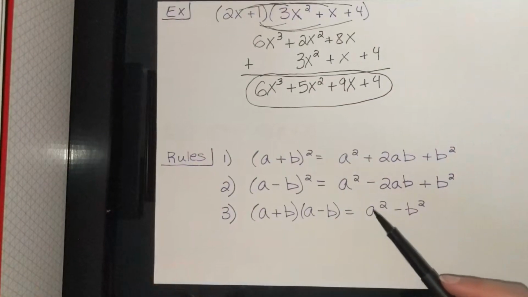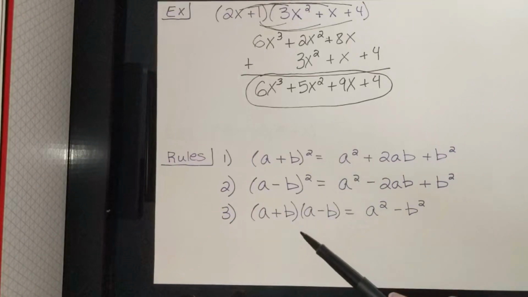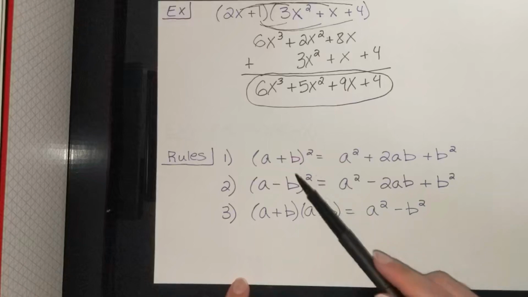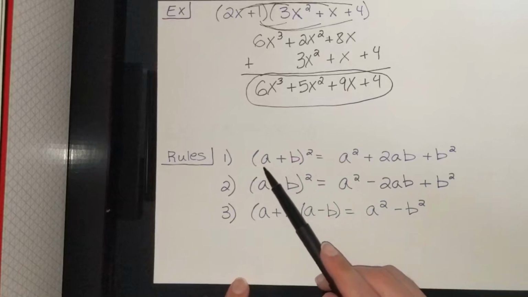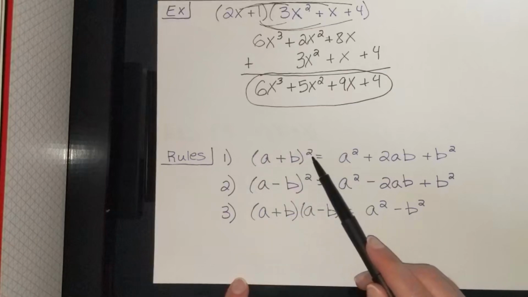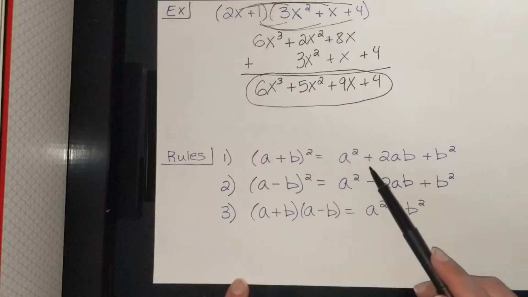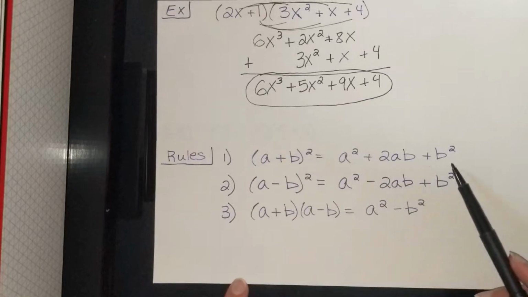At this point, we just have a few special rules to talk about when we're multiplying polynomials. The first is if we have a plus b quantity squared, then it will always work out that you will get a squared plus 2ab plus b squared.